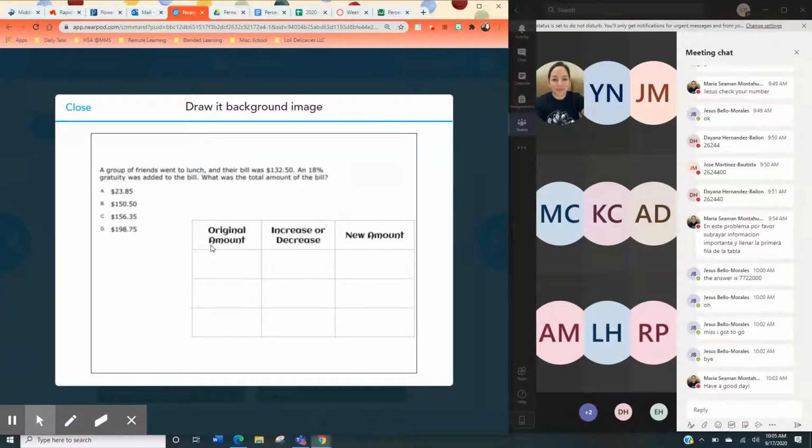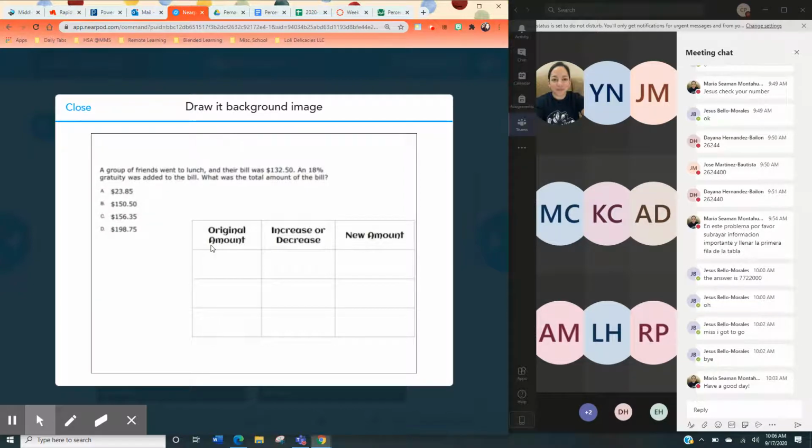Okay. So you guys are going to do this one completely on your own. I'm going to read it. It says, a group of friends went to lunch. Their bill was $132.50. An 18% gratuity was added to the bill.